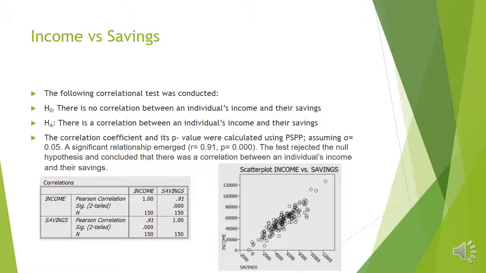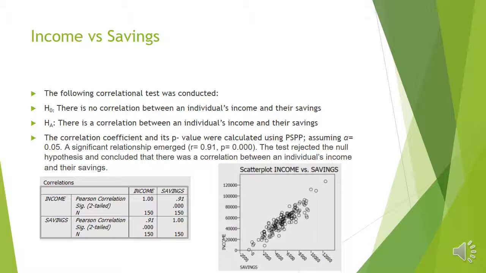Now we're going to begin looking at the significant correlations that were found using the data set. The first significant relationship was found between income and savings. Our test was conducted where our null hypothesis was stated that there is no correlation between an individual's income and their savings.